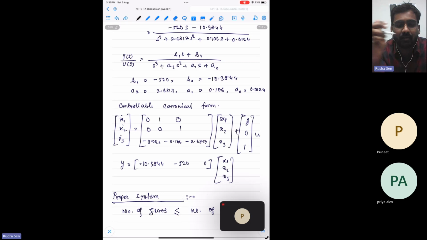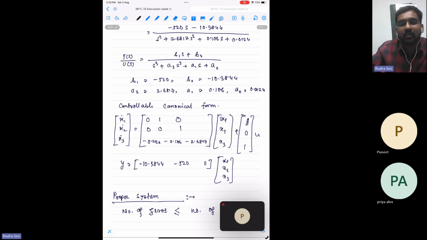Let's say there is some epsilon error, but at least we can get knowledge of the state, because there are a lot of states which we cannot measure directly, because we cannot put the sensor at that exact position, or we have some financial issues so that we cannot buy sensors which are very costly. For that case, we use the observer, and the observer canonical form is basically easier for designing the observer.